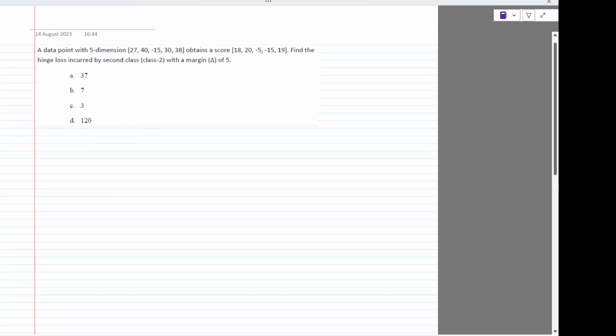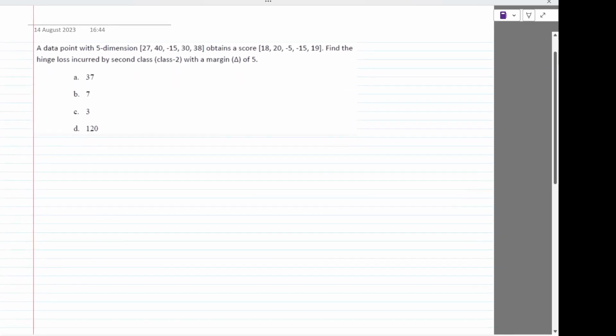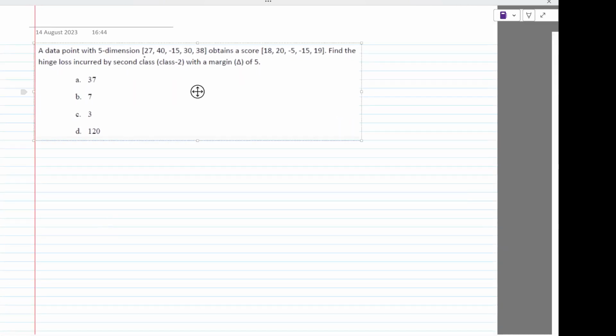So in this first question, a data point with 5 dimensions is given to us, and it obtains a score which is given by this vector.